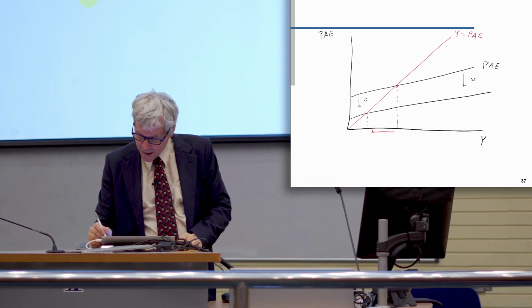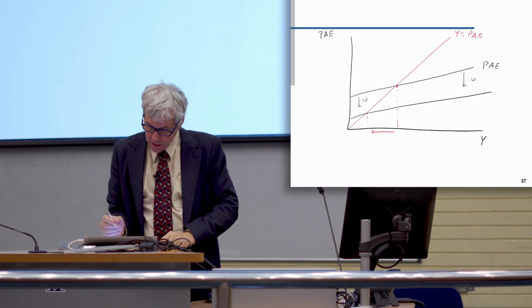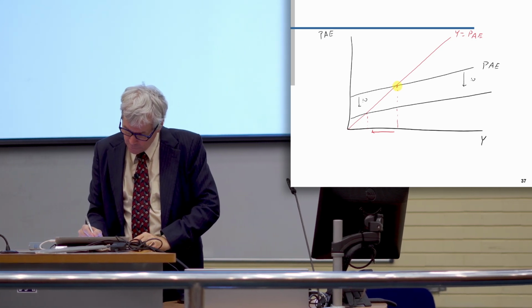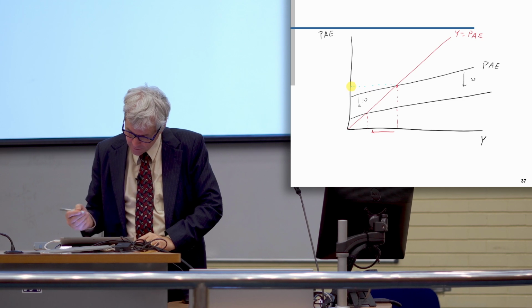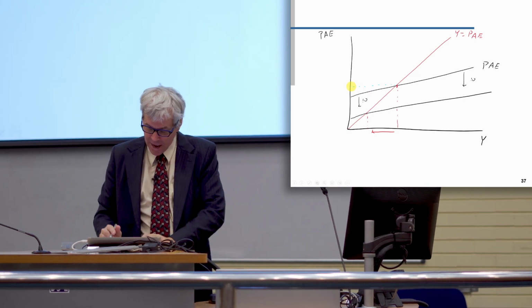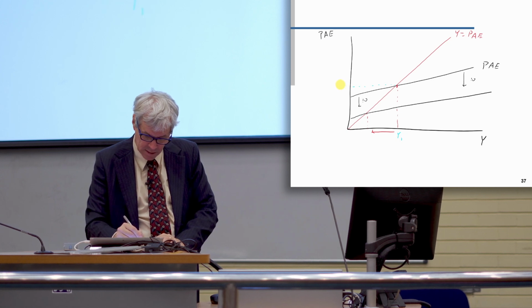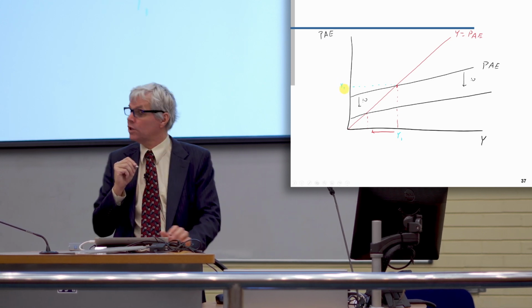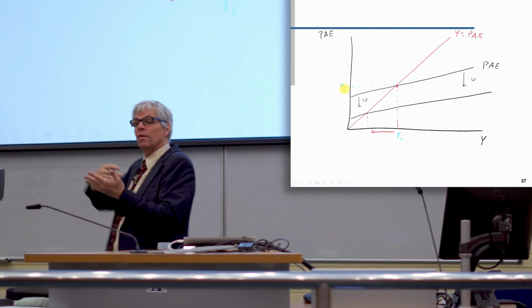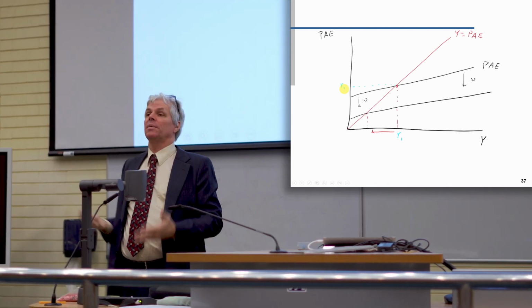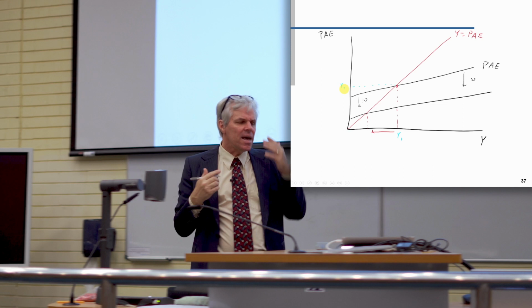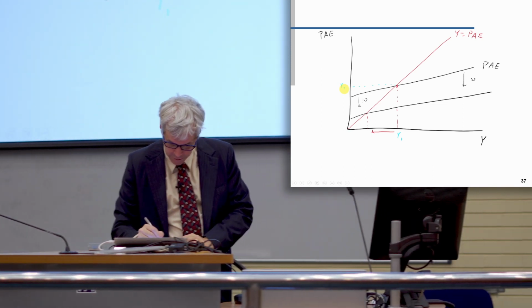output and expenditure have to be the same, right? So before we were at this point, right? And so my original y, y1, has got to be equal to this, which is y1 as well, because we're on the 45-degree line. And then output fell to y2.